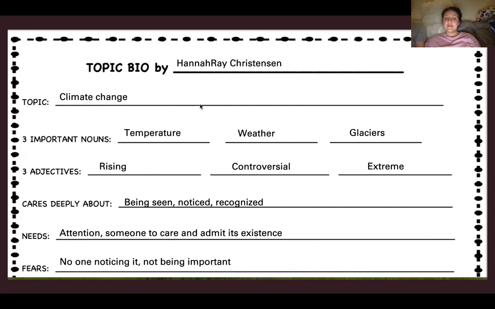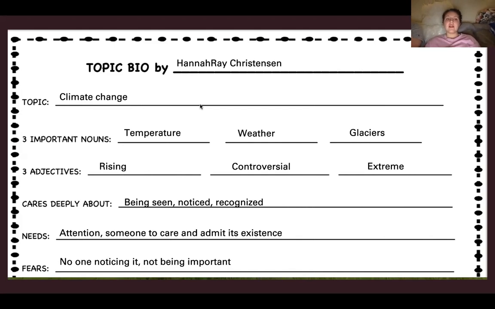And then the three adjectives are rising, controversial, and extreme. Because of rising water levels, rising temperatures, extreme weather, extreme melting of the glaciers, but it's also a controversial topic. So those are pretty self-explanatory for your students.